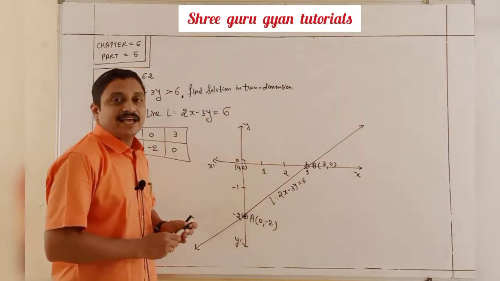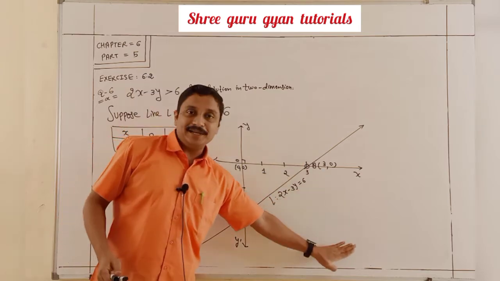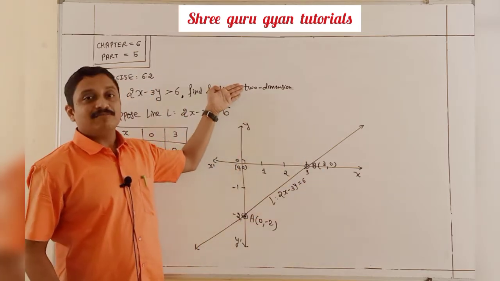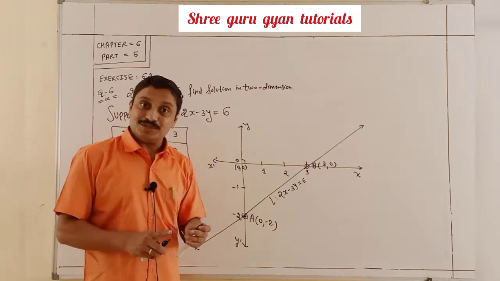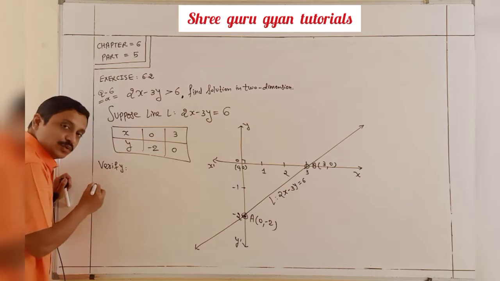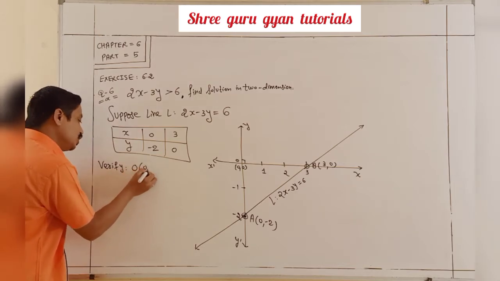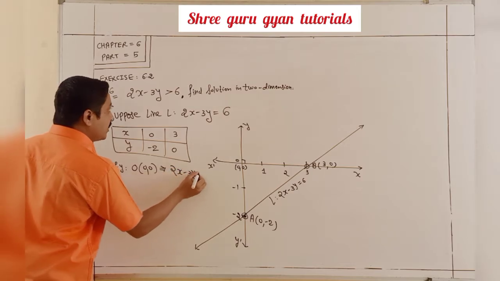Check. This line is neither vertical nor horizontal. It means there is a lower half plane and an upper half plane. I check first the origin (0, 0). So students, here is the verification. We verify O (0, 0) by applying it to the question 2x minus 3y is greater than 6.